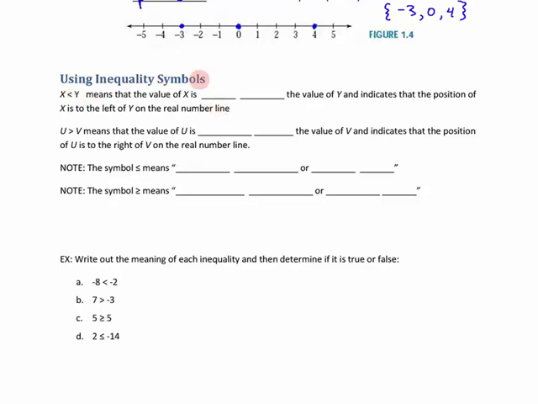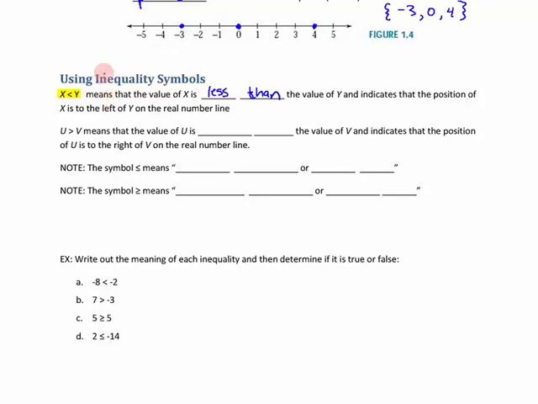Using inequality symbols, we can indicate which numbers are bigger or less than other numbers. This symbol, x is less than y, indicates that the position of x is to the left of y on the real number line, by which we mean that x is smaller or less than y.